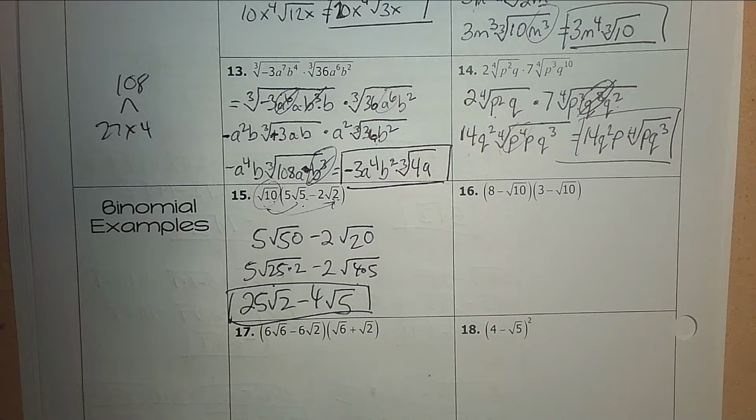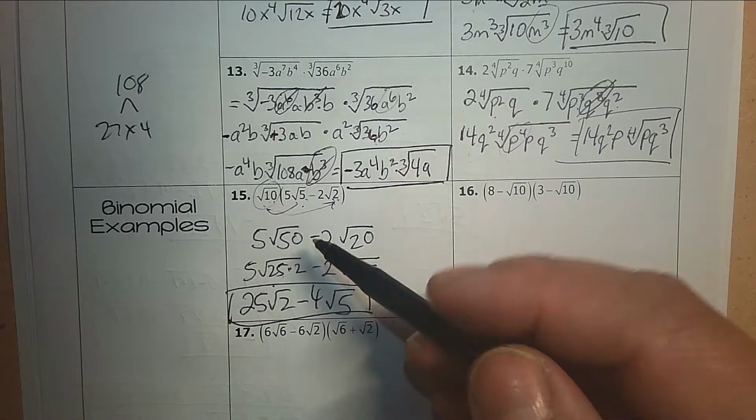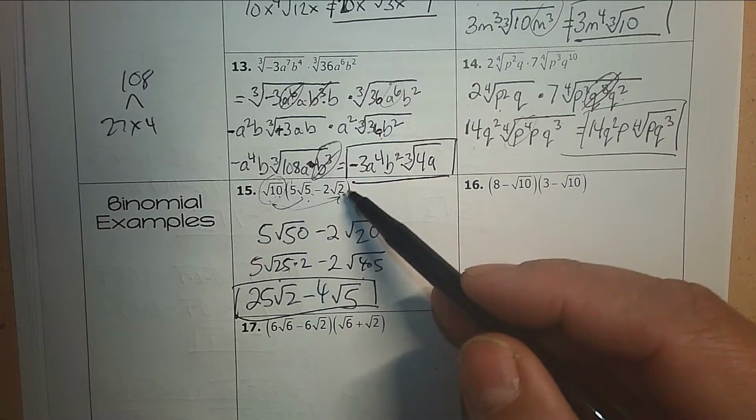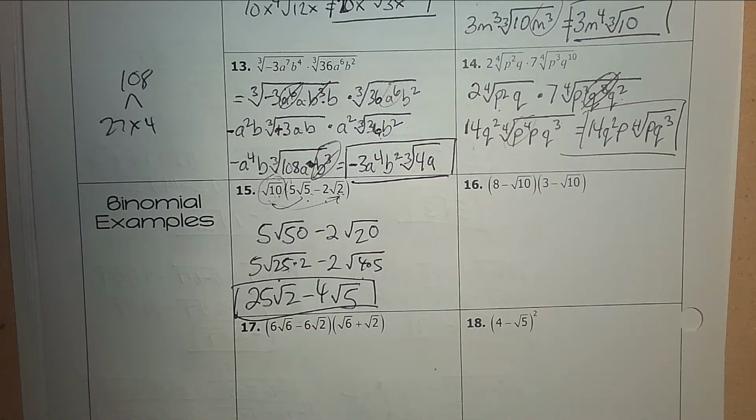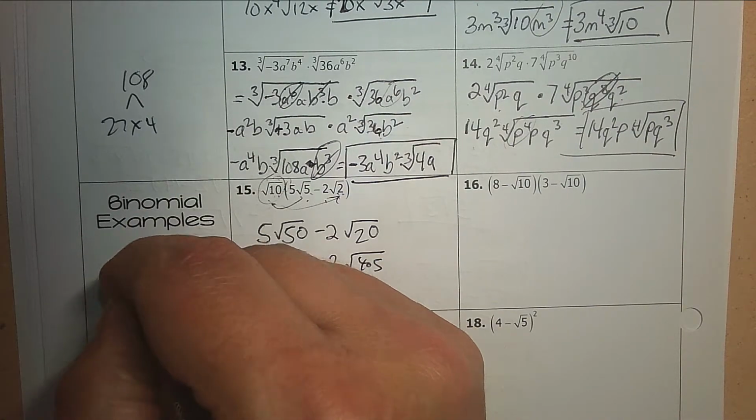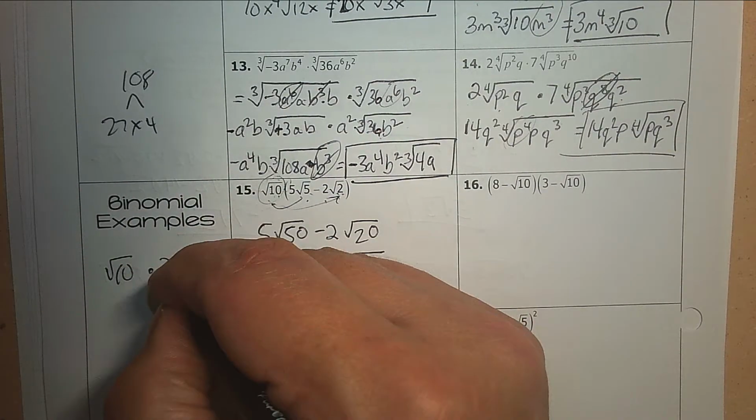Yes? Why isn't the 10 distributed to the 2 in front of the root 2? So why is that root 10 not multiplying the 2 in front, right? And they are, but when you multiply root 10 times 2, that's just 2 root 10.